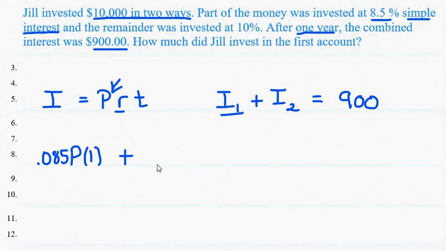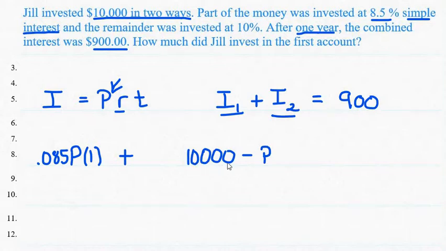In this particular part of the equation, we would have to say 10,000 minus P. We don't know what P is, but we do know that both of them added together was $10,000.